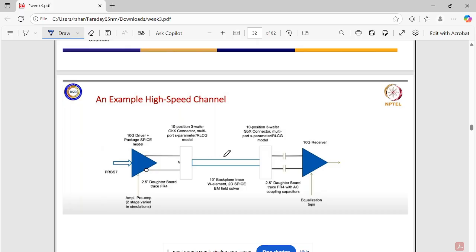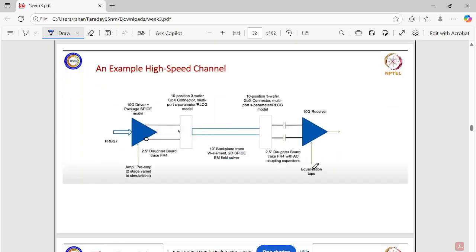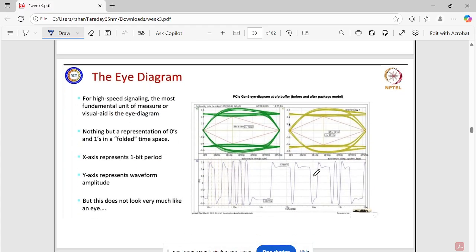The channel can be a cable, it can be a large supercomputer where you plug in multiple servers, or the channel that carries signals. And there is a connector, receiver, connector, and then there is a receiver amplifier, and therefore there is the entire high speed channel. So next is the eye diagram.